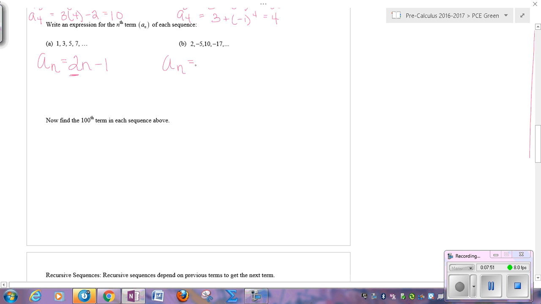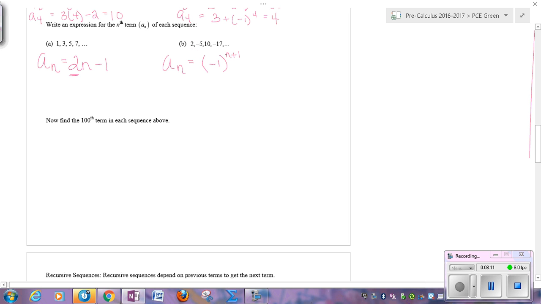The way that I went about thinking about this is I said, all right, first of all, I need to take care of the fact that this is alternating positive, negative, positive, negative. So what I did was I said, well, if I take negative 1 and I raise it to the n plus 1, that will make every even term in the sequence a negative number.